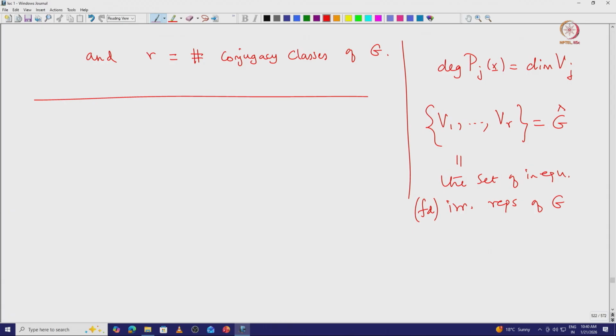Let me first state the density theorem and then I will prove it. The statement of the density theorem is actually very simple because we are working over complex numbers. I am going to state the version that works for complex numbers.